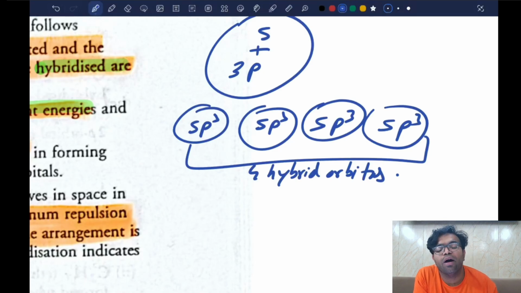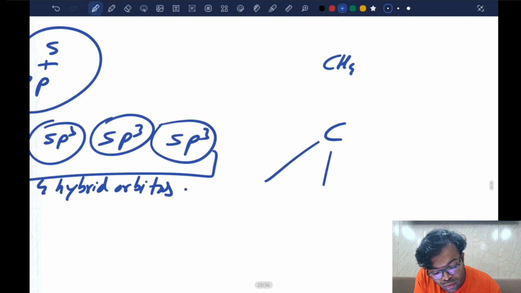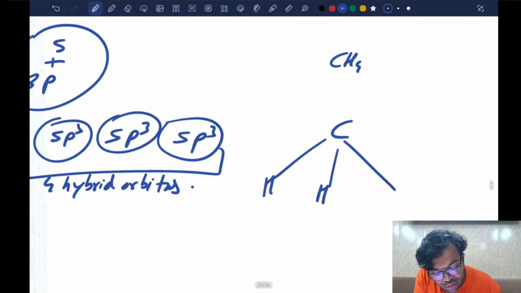For example, when you talk about methane, CH4, the carbon is attached to how many? Four different hydrogen atoms. Now, what is the electronic configuration of carbon? 2s2, 2p2, right?